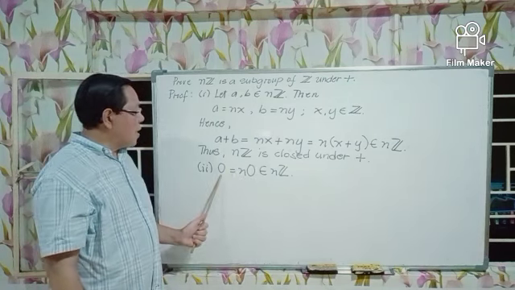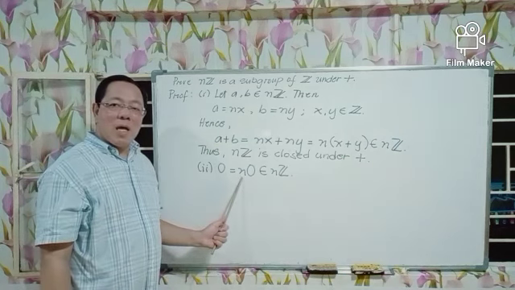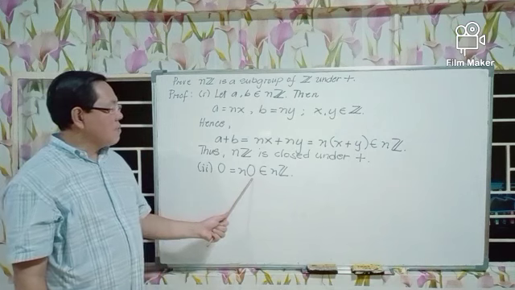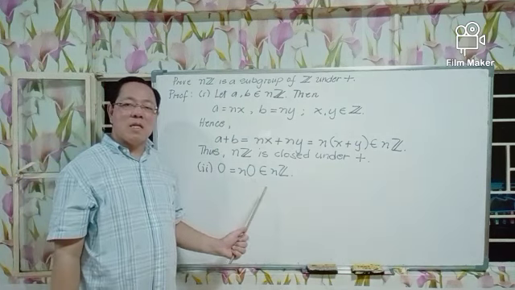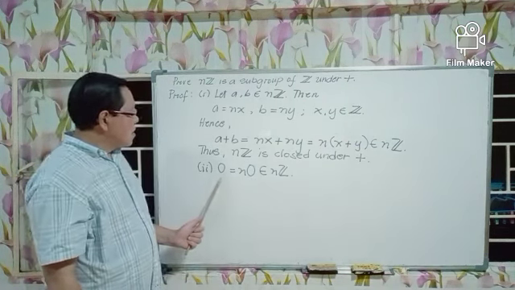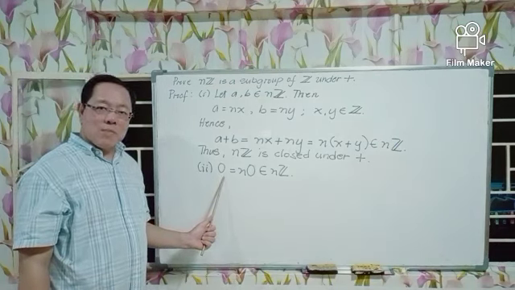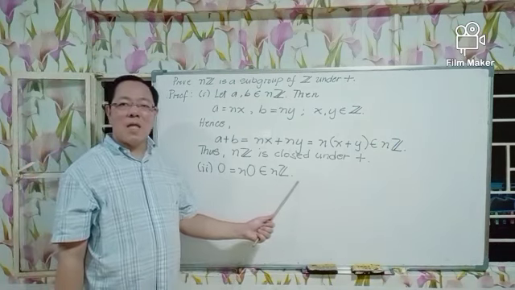That means if you divide 0 by this integer n, the result is 0, which is an integer, and the remainder is 0. Therefore, we conclude that the identity element 0 for addition is also contained in NZ.